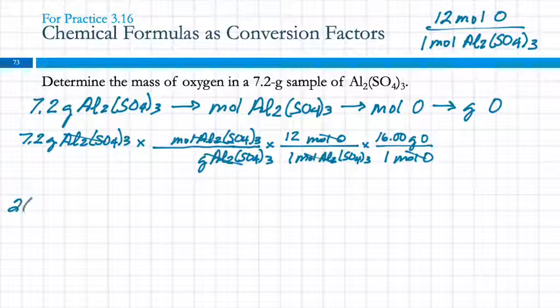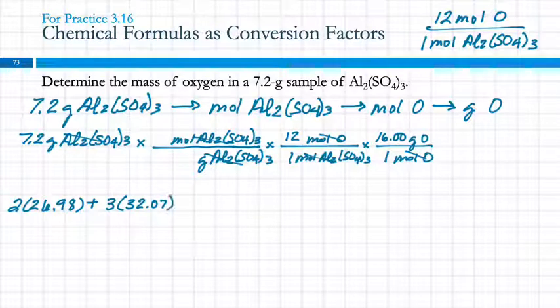And now we have to calculate. So 2 times the mass of aluminum. And how many sulfurs are in there? 3. 3 sulfurs and 12 oxygens. That sulfate is a little bit like a wagon, right? It's got 4 wheels in the body of the wagon, and we've got 3 of them. So then I have 3 wagon bodies and 12 wheels on my 3 wagons.